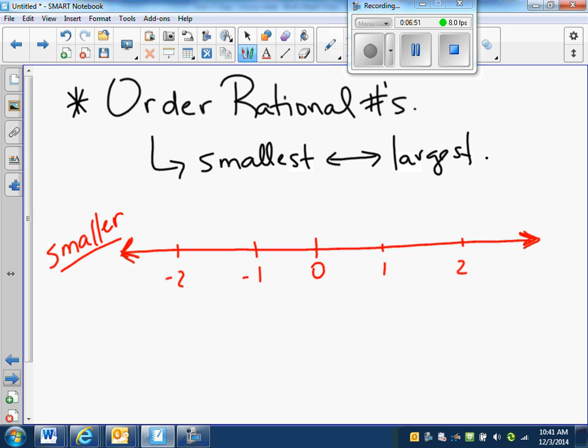And in this direction here. Okay, keeps getting larger.